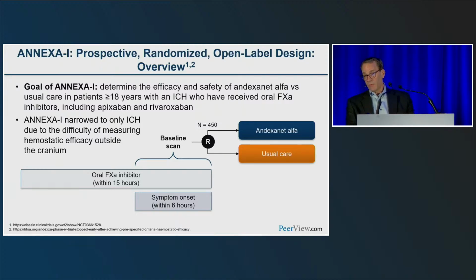So this is the randomized trial, which was initially designed for 450 patients. And after it was launched, additional funding became available in order to create an adaptive trial model that could extend to 900 if certain pre-specified criteria were met at 450.